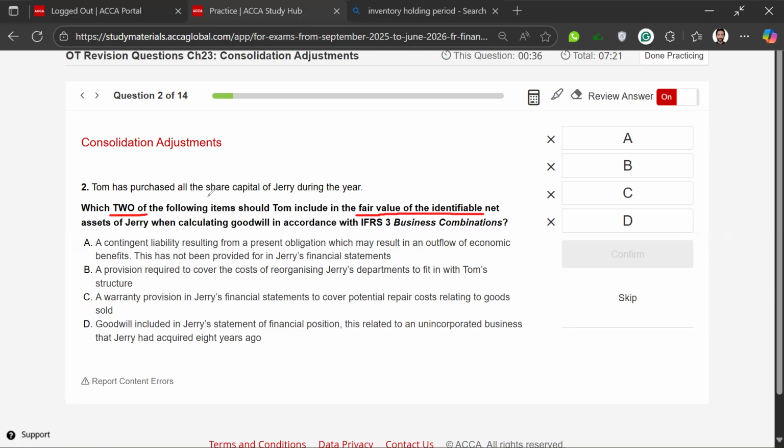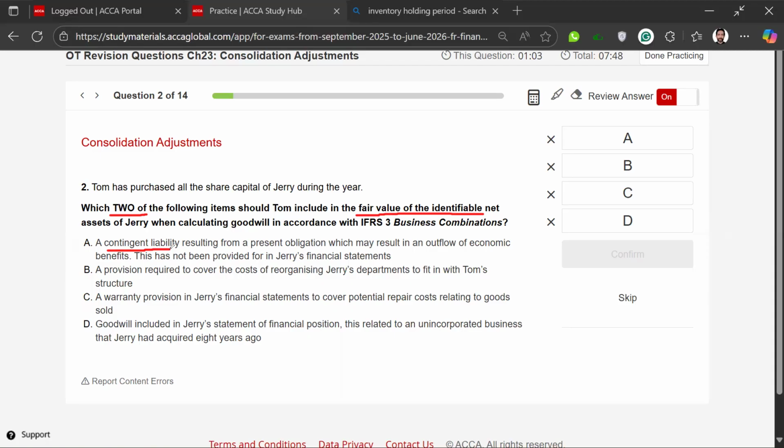Tom has purchased all the share capital of Jerry. And what are the items which we need to see? A contingent liability resulting from a present obligation, which may result in an outflow of economic benefit. So it is a contingent liability for Jerry, but when Tom acquires it, Tom is going to consider this as an actual liability.